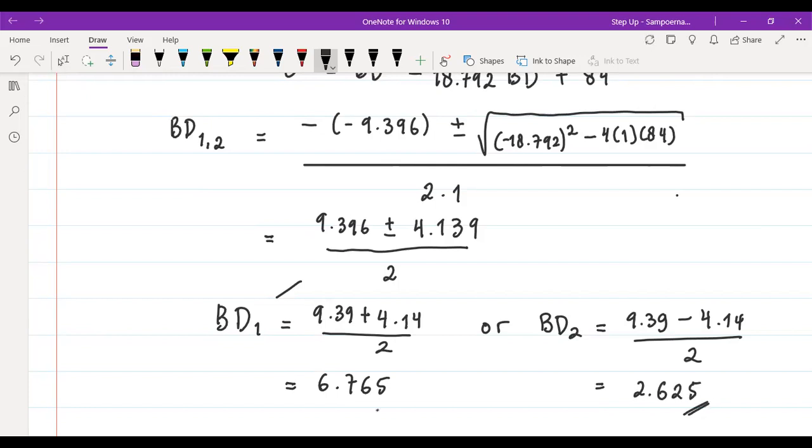We don't choose that, we choose this because it doesn't make any sense if the length is only 2.